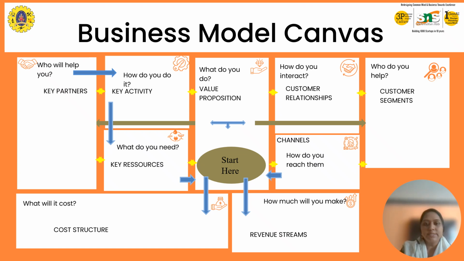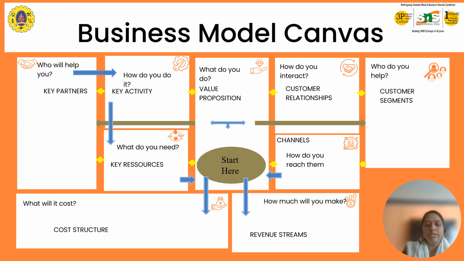Then, on the right side, we have customer segments and relationships. This block defines who you are helping or serving. Your customers can be students, businesses, or specific targets. Customer relationships explain how you interact with your customers, whether through personal support, automation, or online engagement.